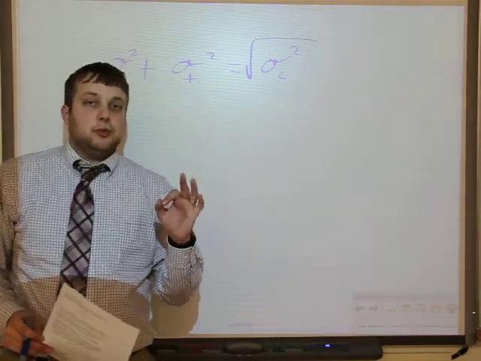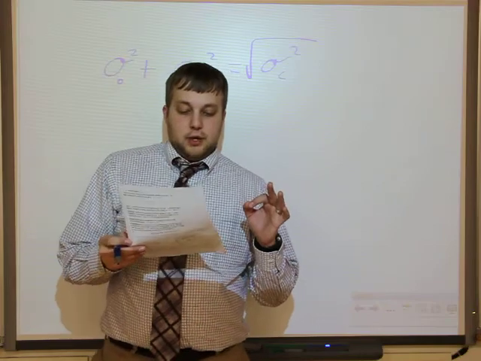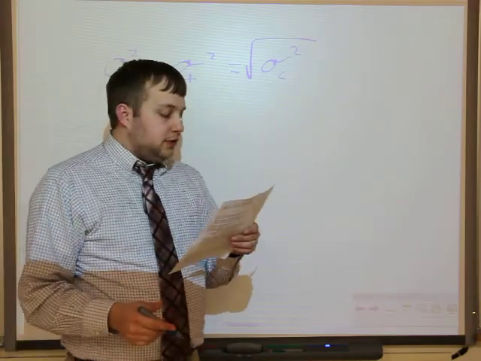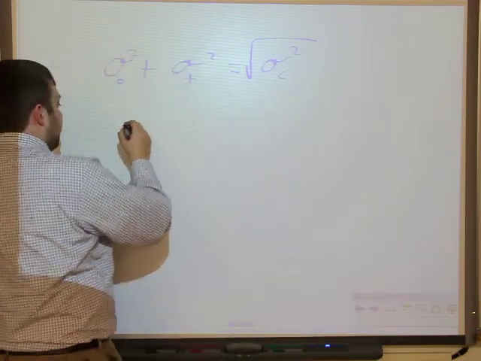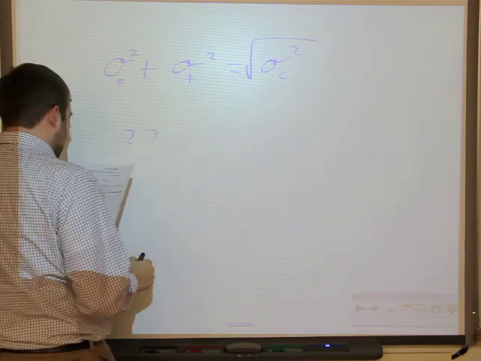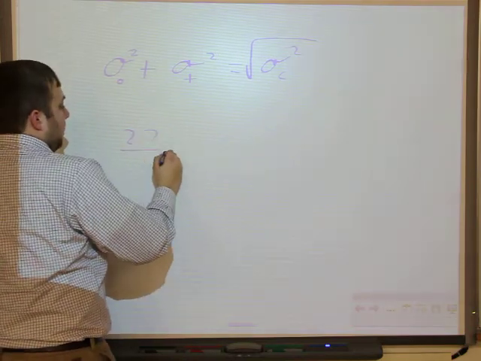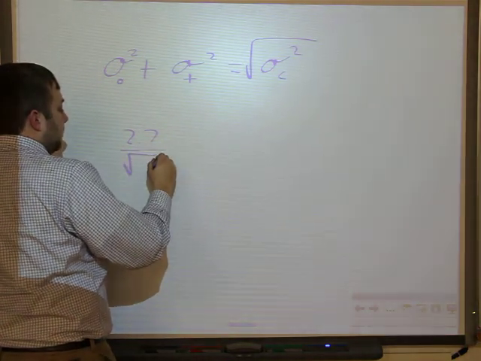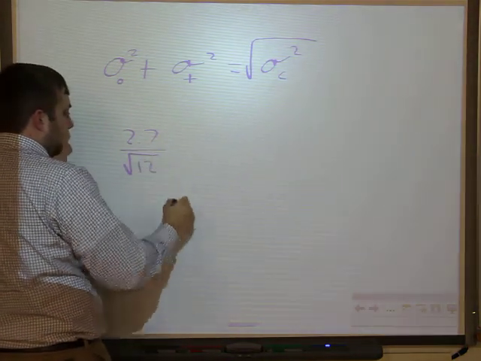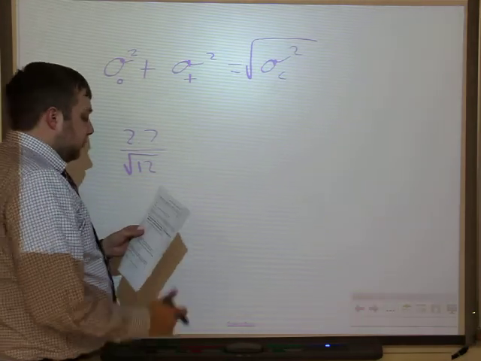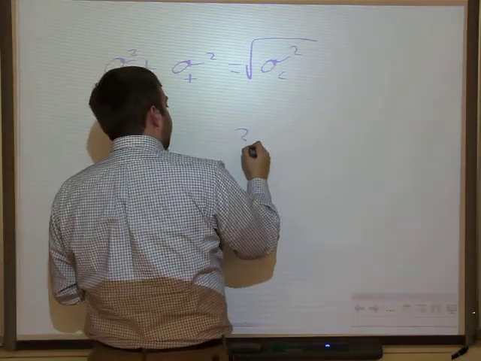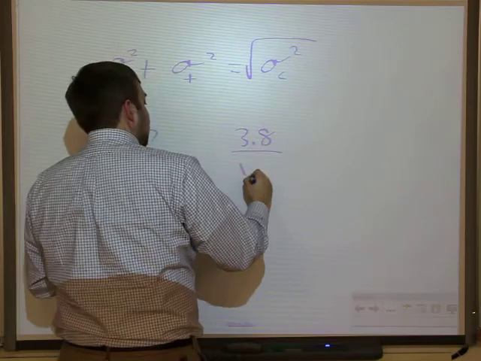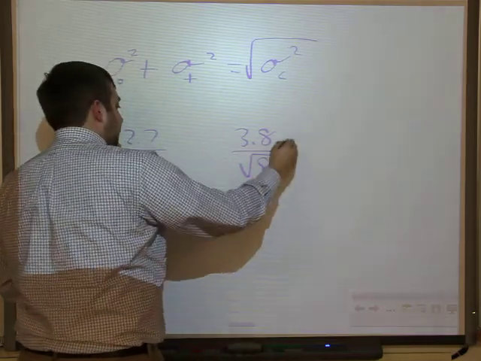So if we're talking girls and boys, we know the standard deviation for girls is 2.7, and they had 12 girls. I know standard deviation for guys is 3.8, and I collected 8 samples of those.